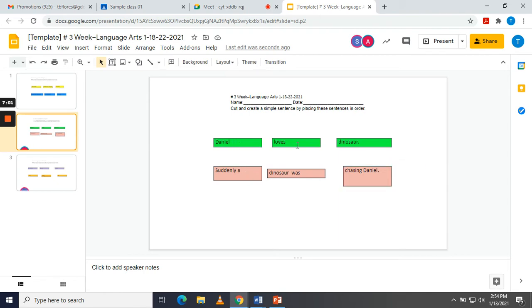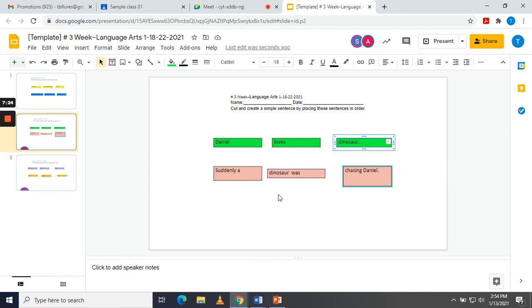It says, Daniel loves dinosaurs. Miss Shirley created it by looking at the capital letter, which is here, so she was able to indicate that this box will go first. For the last box, she was able to look at the period and identify it as well, that this box will go at the end.